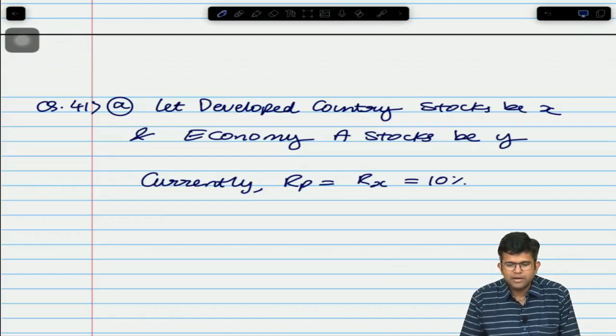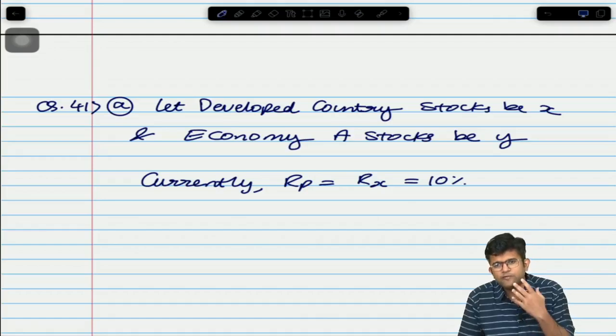Let developed country stocks be X, economy A be Y. Currently, my entire return of the portfolio is return of X only, no?